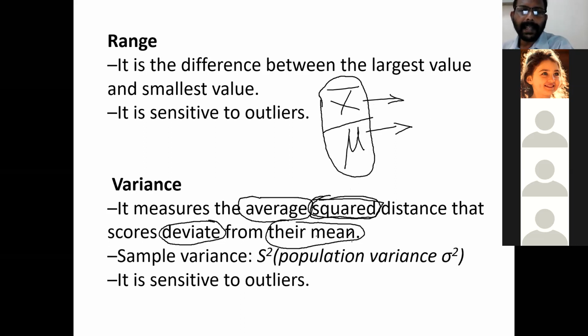Similarly, the variance can have 2 types. One is called the sample variance.